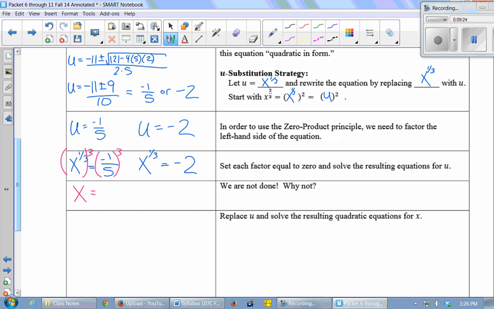And when I cube a negative 1/5, I get negative 1/125. Same thing with this one. Cube both sides. X to the 1/3 cubed is x. Negative 2 cubed is negative 8. Now, Gabby, I think you got 0.008 for this. Same thing. Type in 1 over 125 in your calculator and you'll get that decimal.